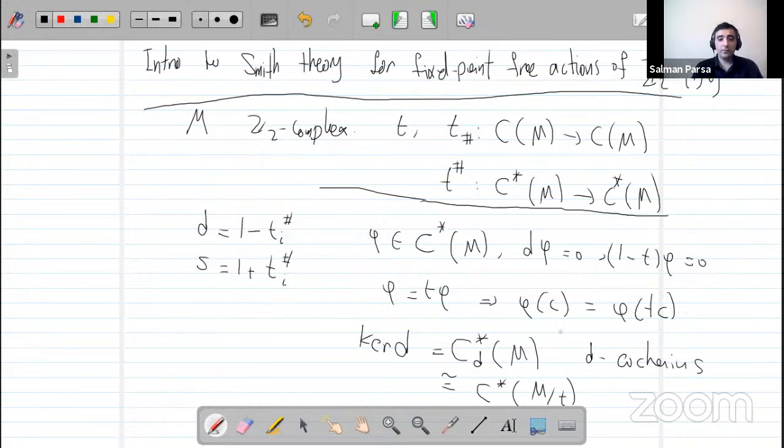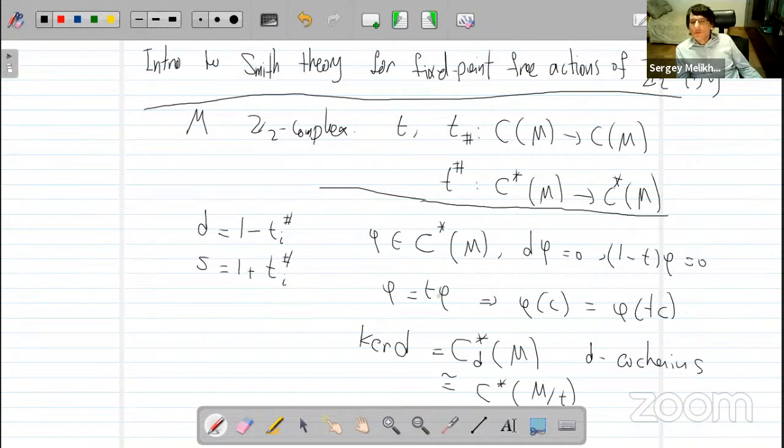So we have these D cochains. I think it depends on the parity of the dimension. If the dimension is even, then it is isomorphic to that, and if the dimension is odd, then it is isomorphic to the cochains with twisted coefficients.